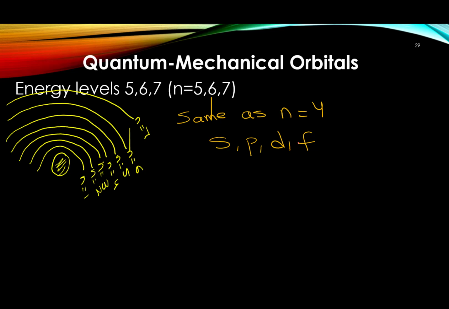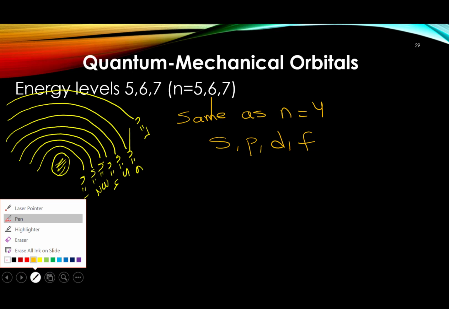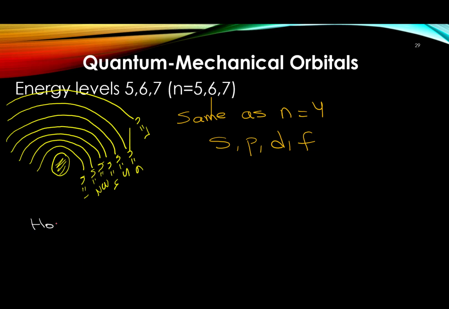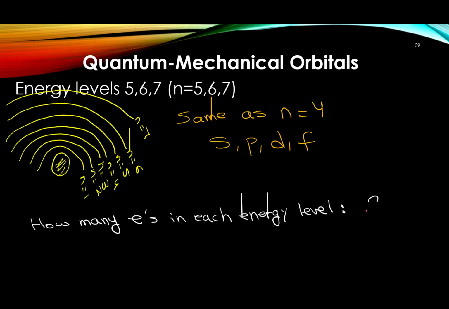Okay, now how would you know how many electrons you have in each energy level? We're going to use this formula, 2n2. n is our principal energy level.